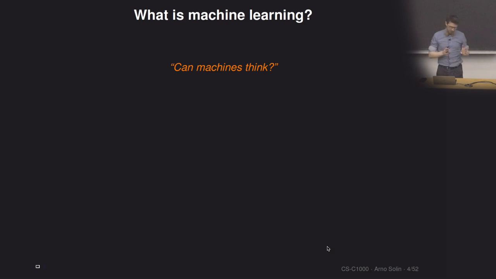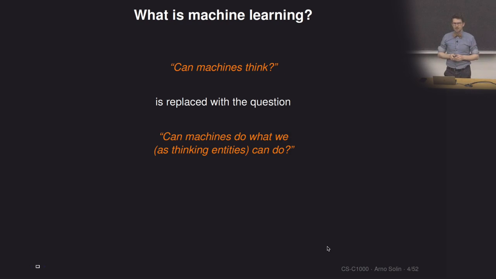Last time we had an interest in whether machines can think, whether they can be intelligent. We are maybe less broad this time. In machine learning we replace the question of whether machines can think with the question of whether machines can do what we, as thinking intelligent beings, can do.